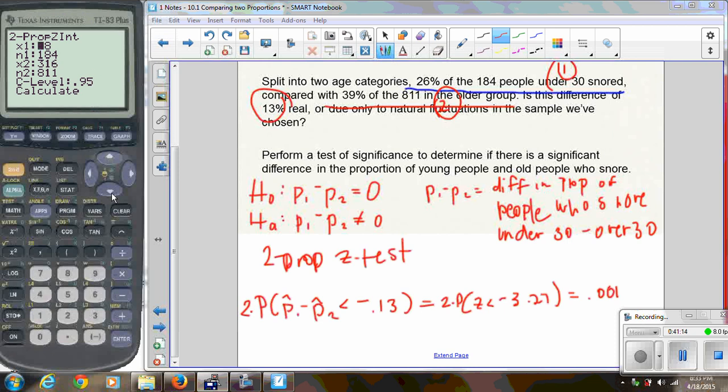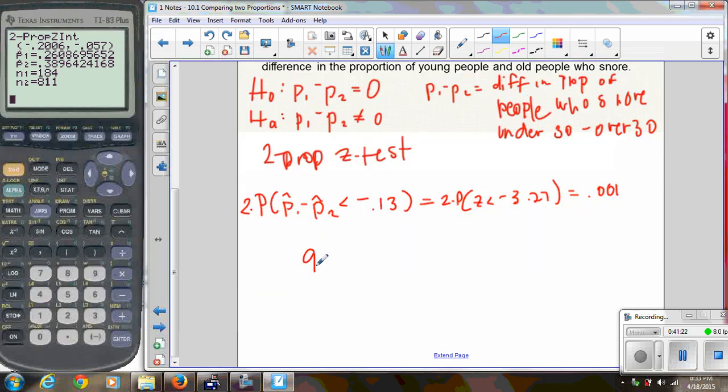If I want to do a 95% confidence interval of the difference, now I can see that the confidence interval goes from negative 0.2006 to negative 0.057. So basically, I'm looking at a difference of between 5.7% and 20%.